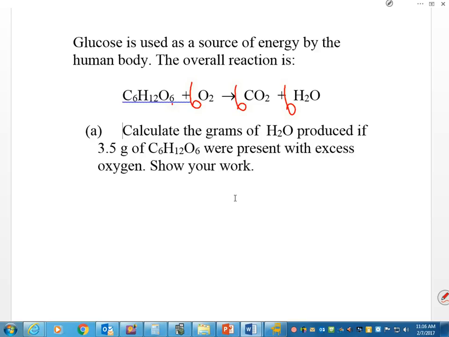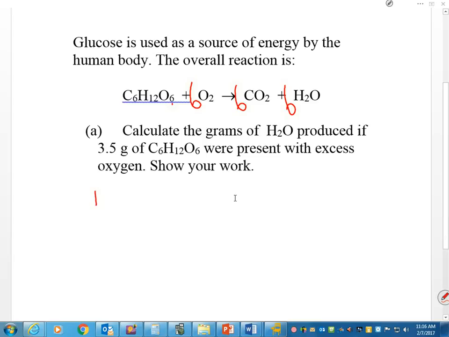Well, this is kind of like a 3-step thing because in order to move from one type of molecule to the next, you have to do a mole conversion. So in order for that to happen, you need to have the amount in moles. So the first thing we're going to do is take the grams of sugar and change it into moles of sugar. Okay?